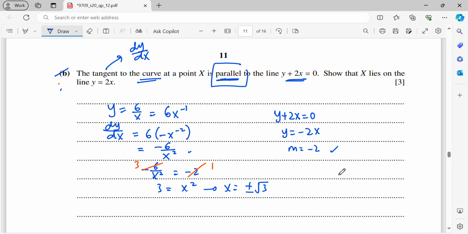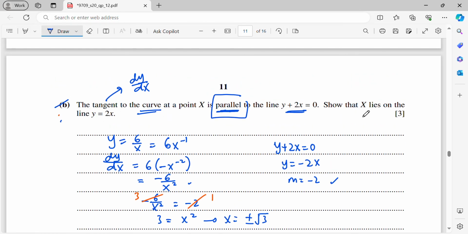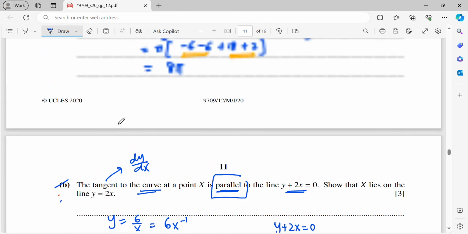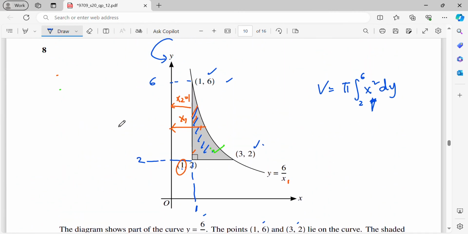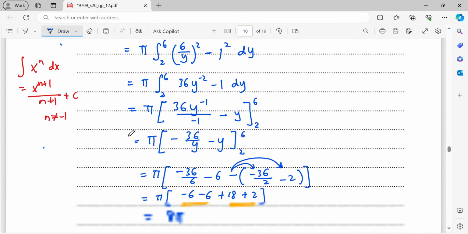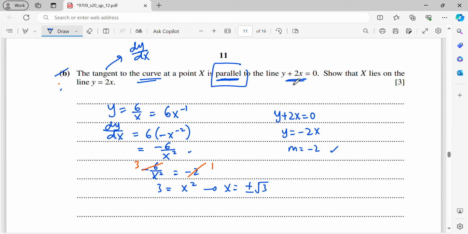Okay, so now show that the point x lies on this line. Okay, so let's check your x from the graph. From the graph, the line is y equals negative 2x.